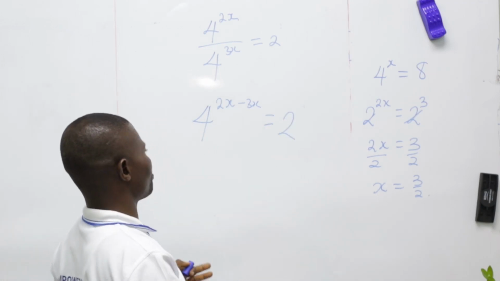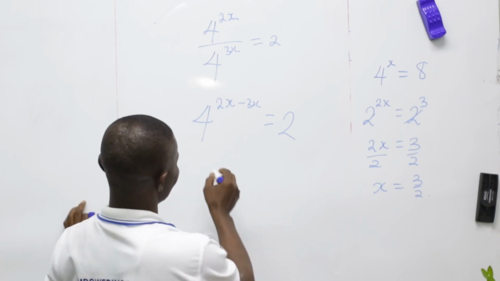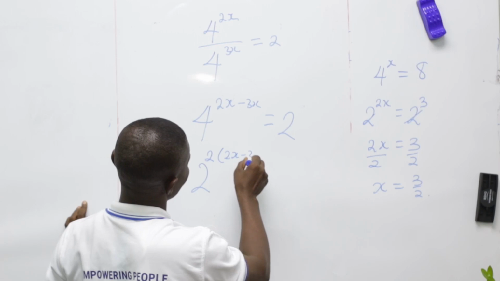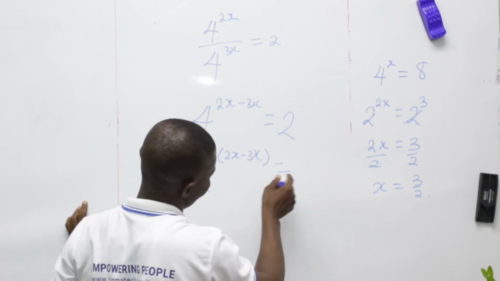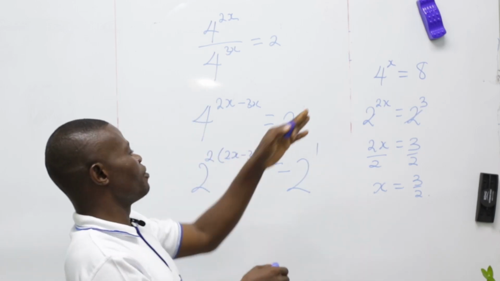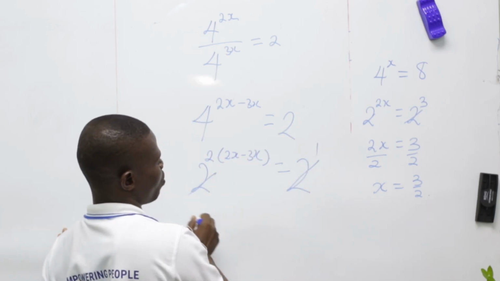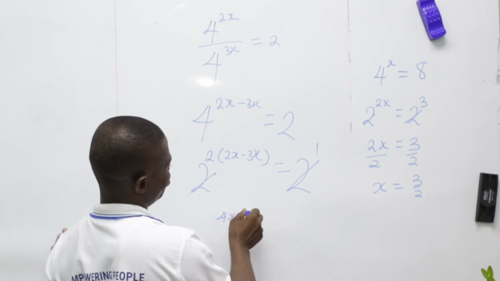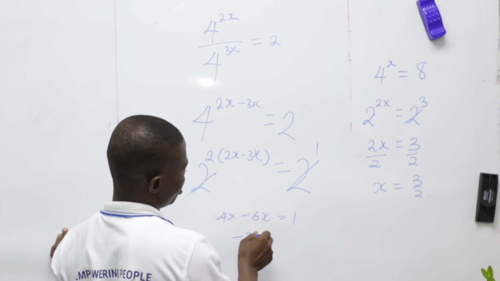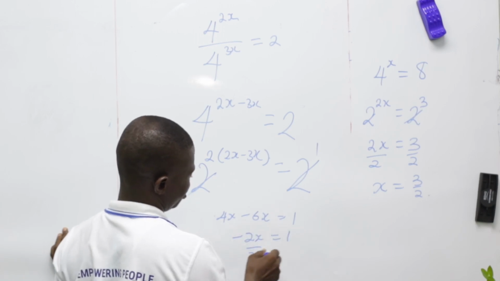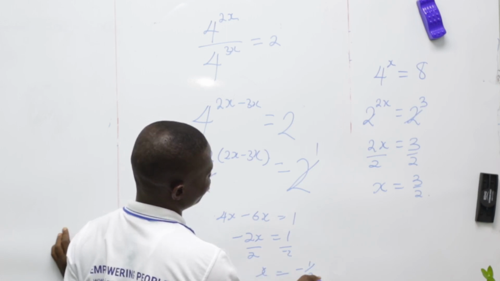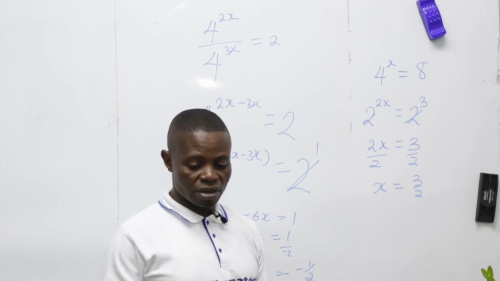Okay, if this expression is equal to 2, it means that in indices, when you have a number remaining the same, it must have been raised to power 1 to give us the same thing. So this and this can be equal. This is 4x minus 6x equals 1, minus 2x equals 1. So that x will give us minus 1 over 2. So that is the answer to that question.